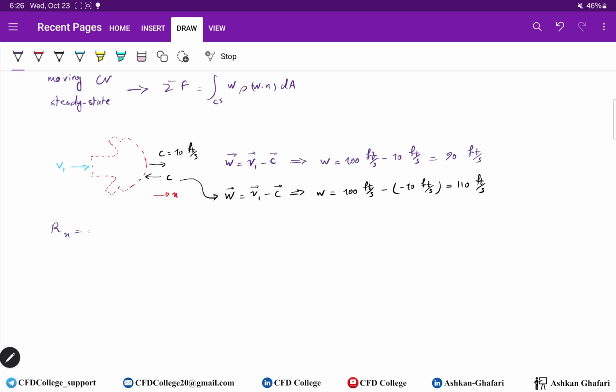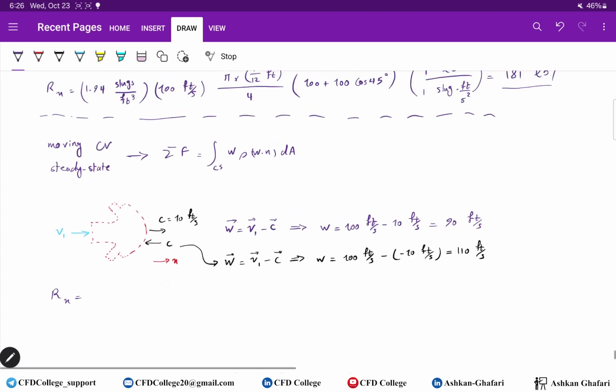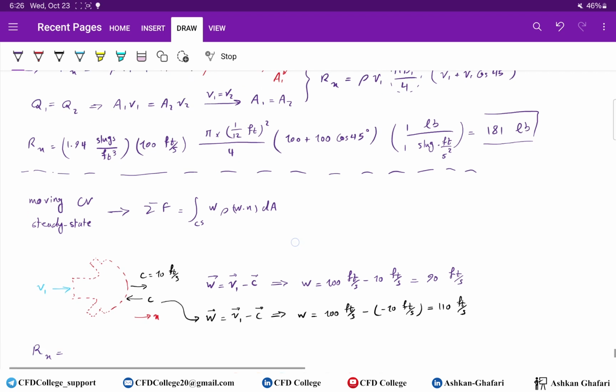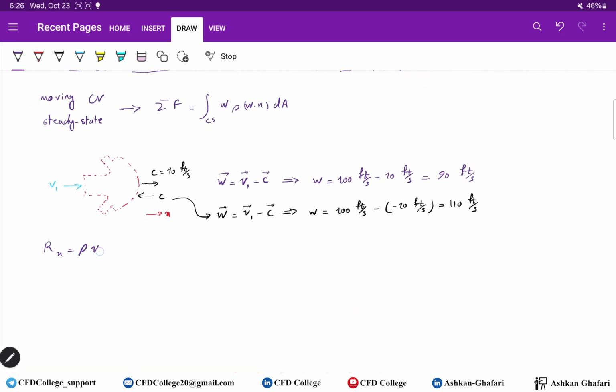So Rx equals rho pi D1 square over 4 W1 times W1 plus W1 cosine of 45 degrees.